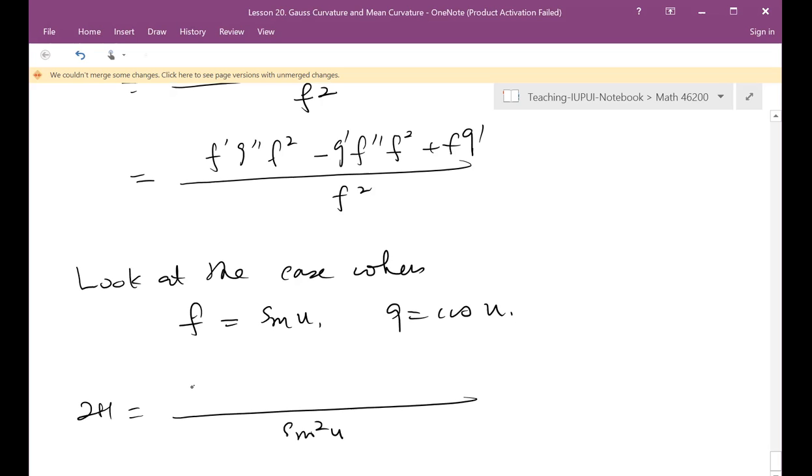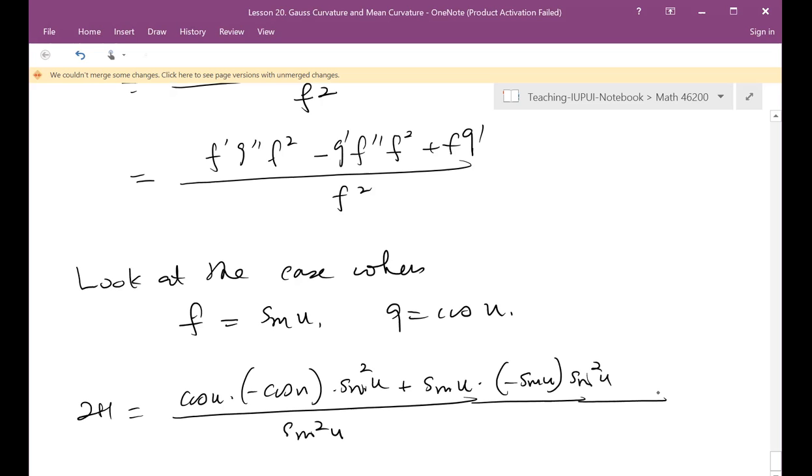Then f prime is cosine u, and g prime is negative cosine u. g double prime times f squared, sine square u, minus g prime is positive sine u, f double prime is negative sine u, and f squared is sine u squared, plus f is sine u and g prime is again negative sine u.